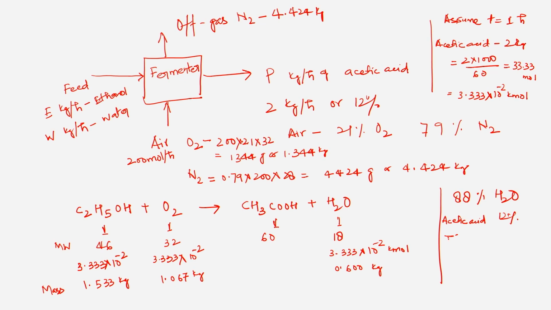So, the total product stream will be 2 upon 0.12, which equals 16.67 kg, the total mass of outlet, and out of that, 2 kg is the acetic acid. So, water will be 14.67 kg.